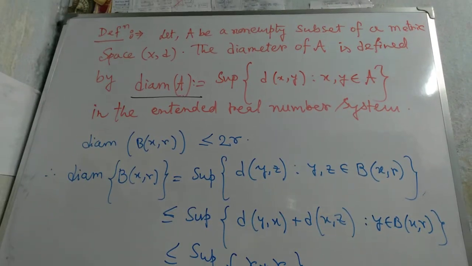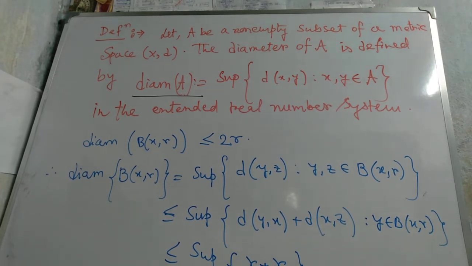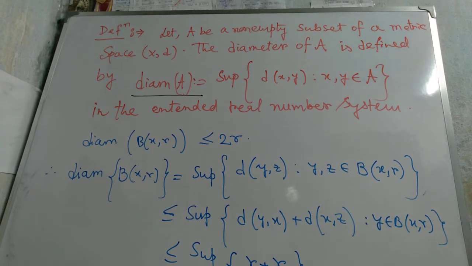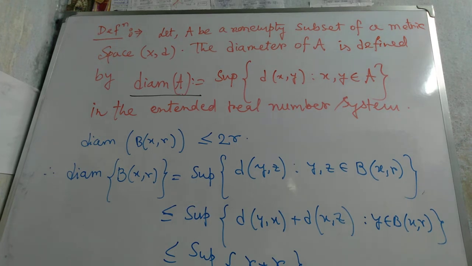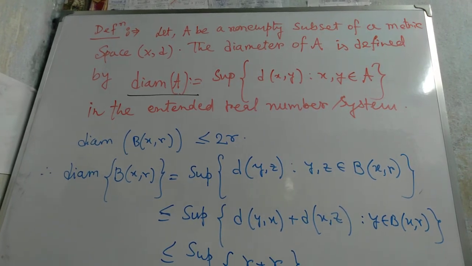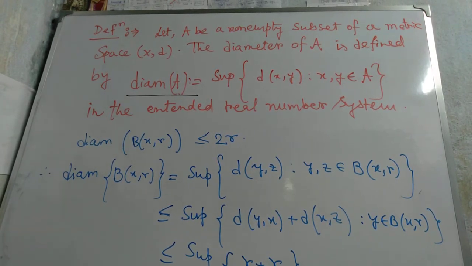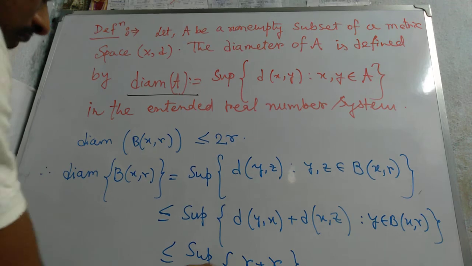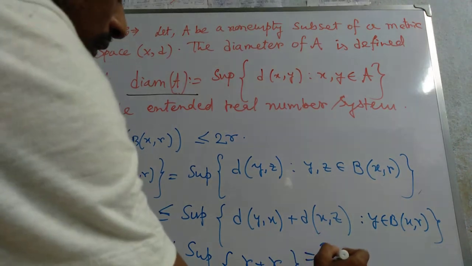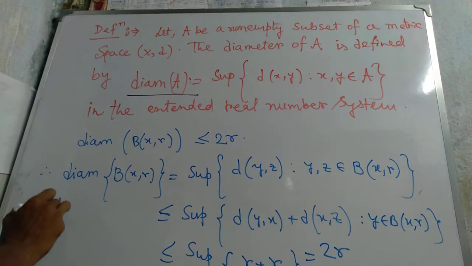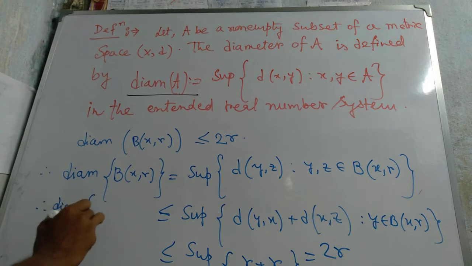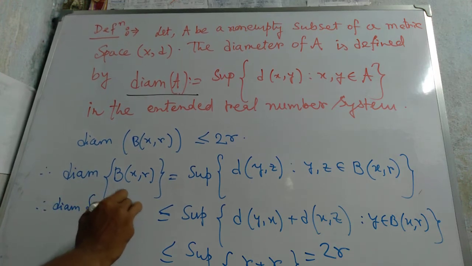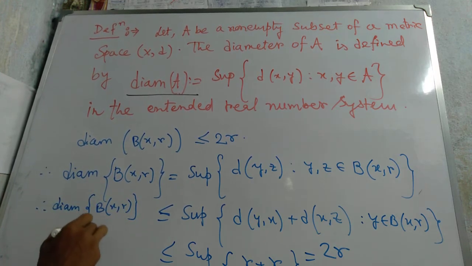Then what we find is that the diameter of B(x, r) is less than or equal to 2r.